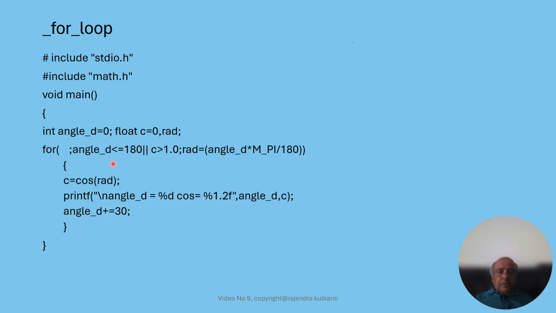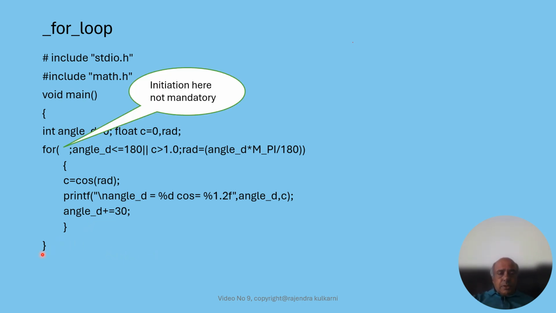When the angle underscore d reaches more than 180, the loop terminates, the program comes out of the loop and ends at the closing brace of main.